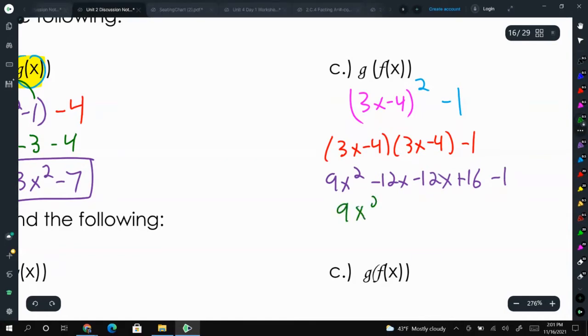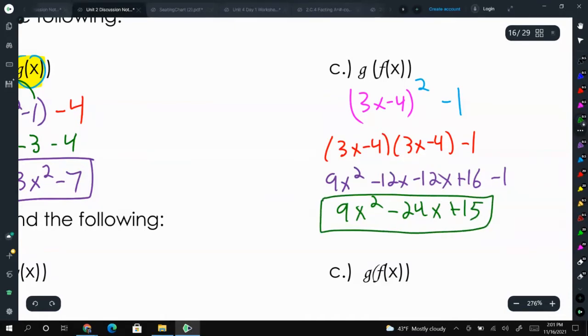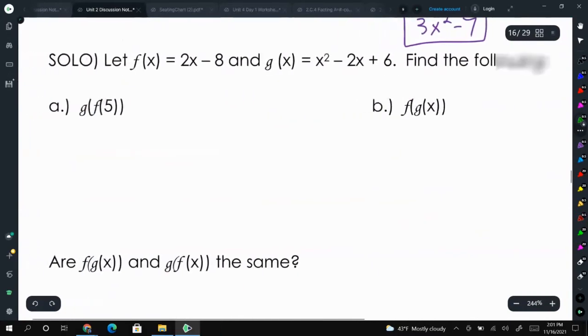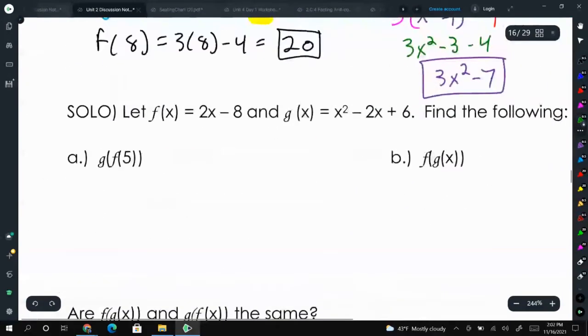We get 9x squared minus 24x plus 15. And that would be our simplified answer, and our composed function. Now I'm going to do the next set down here, and then I'll have you try these.